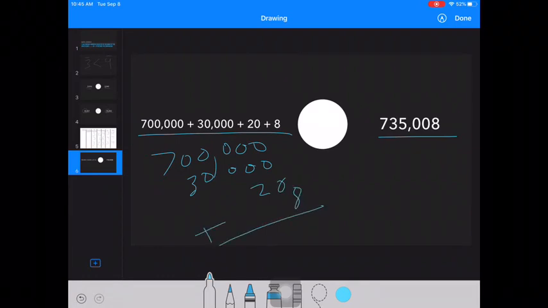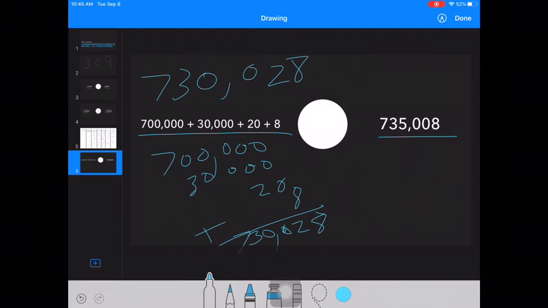Add those together. 8 plus 0 is 8. 2 plus 0 is 2. 0 plus 0 is 0. 0 plus 0 is 0. 3 plus 0 is 3. And 7. 730,028. Oops. And I can do math, I promise.